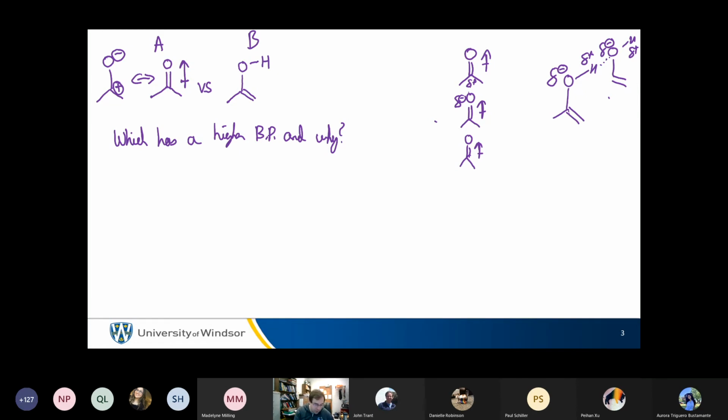So if I put a mixture of acetone and the alcohol together, acetone is a hydrogen bond acceptor. It's accepting the hydrogen. And the alcohol is the hydrogen bond donor. It is donating the hydrogen.